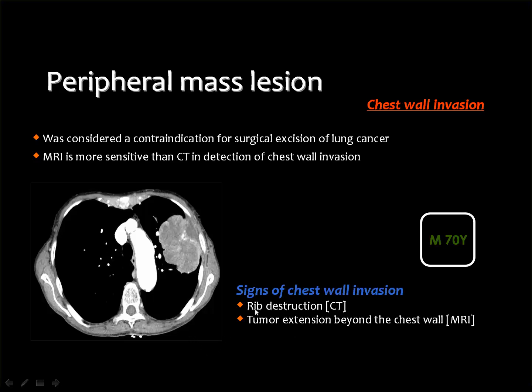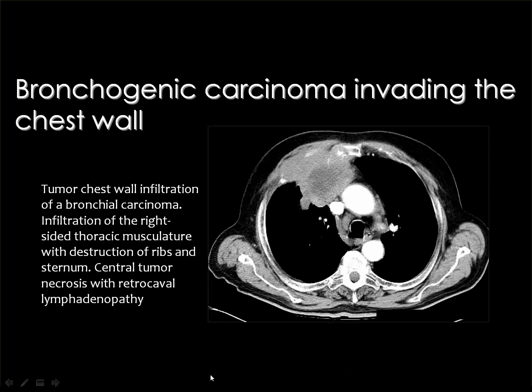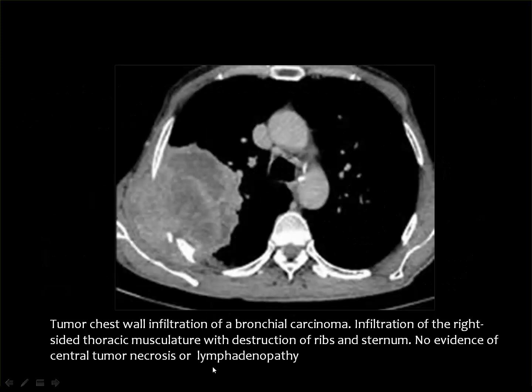Number one is the presence of rib destruction adjacent to the tumor, and number two, you can see tumor tissue beyond the chest wall, I mean in the subcutaneous area. Then if you see a mass like this associated with a destroyed rib and a bulge of the tumor underneath the pectoralis major muscle, you know that the chest wall has been invaded.